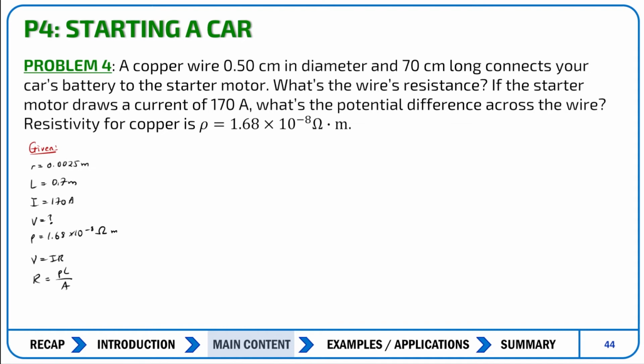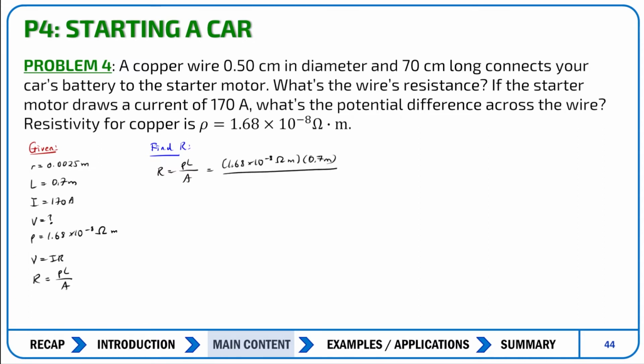So first is to find resistance, R, and that's going to be equal to rho L over A, which we should be able to solve easily. L is 0.7 meters.